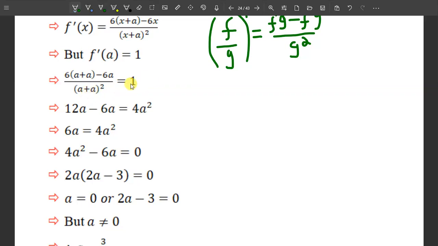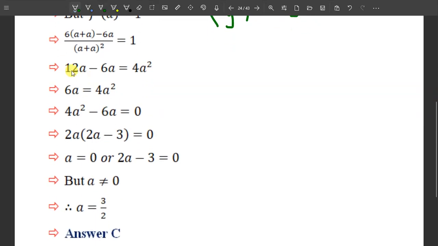Multiply 4a square by 1, it becomes 12a minus 6a is equal to 4a square. And then 12a minus 6a becomes 6a. 6a is equal to 4a square. Then move this expression to one side. When we move 6a to the right, it becomes minus 6a.